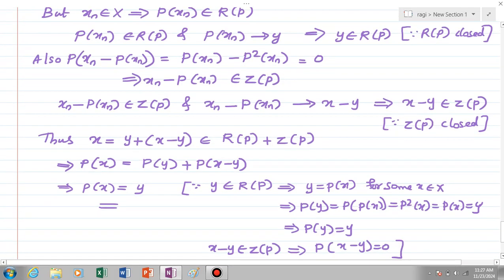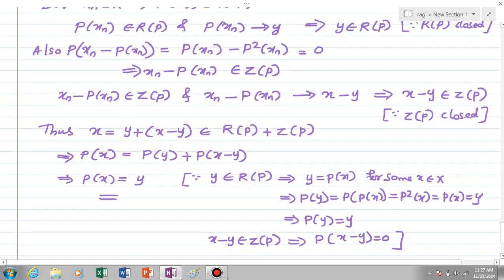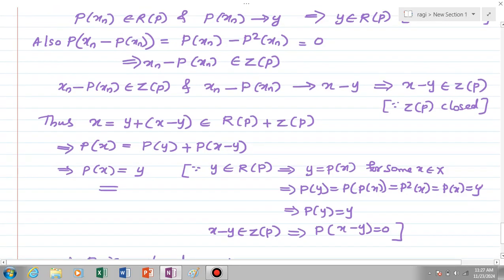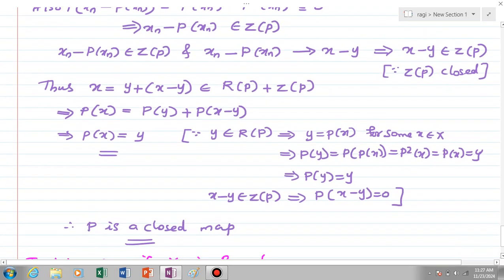Also x minus y is an element of Z(P) means P(x minus y) is equal to 0. This means P(x) is equal to y. Actually we needed to prove this, y equal to P(x). So our projection P is a closed map. That is, if x_n converges to x and P(x_n) converges to y, then that y is equal to P(x), means P is a closed map as we said.